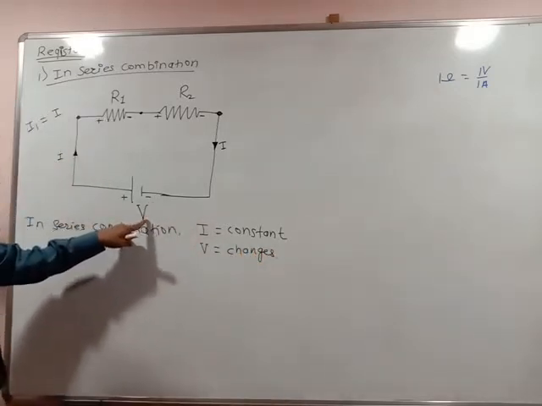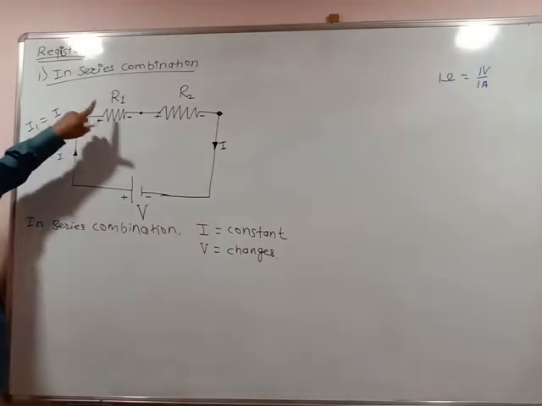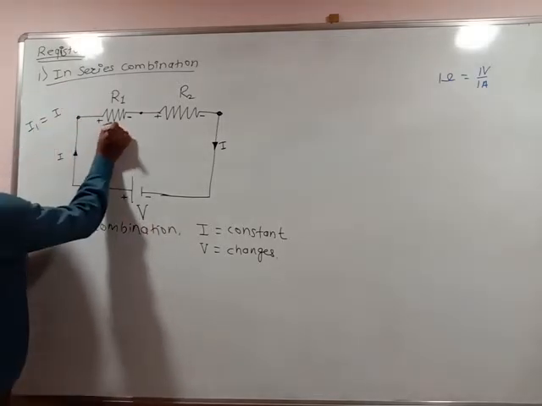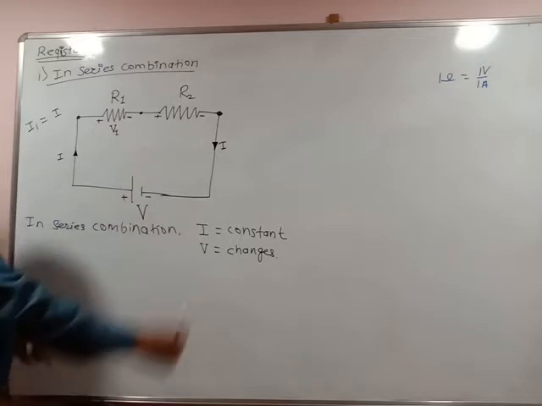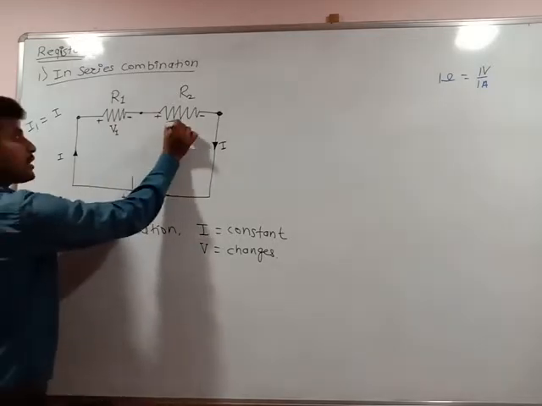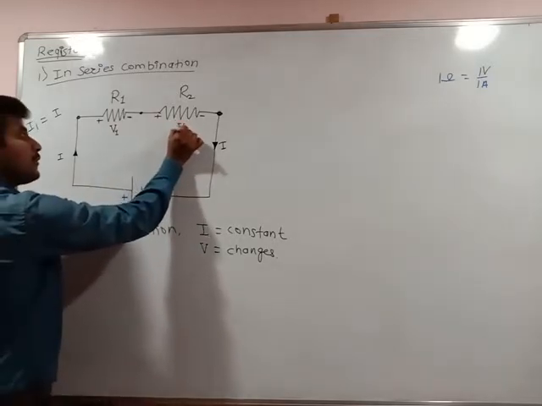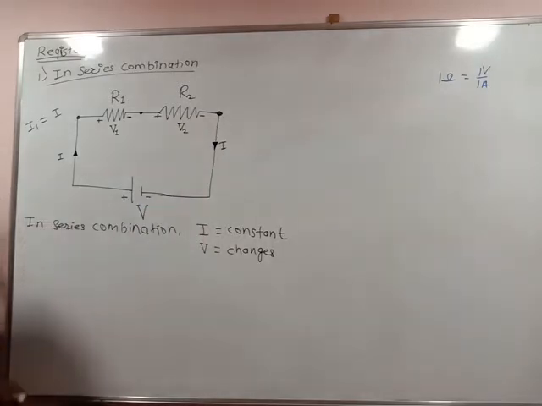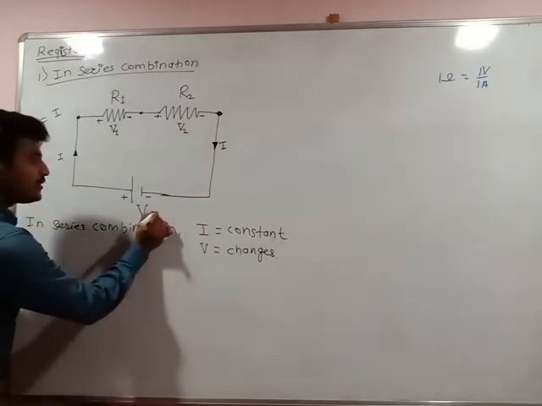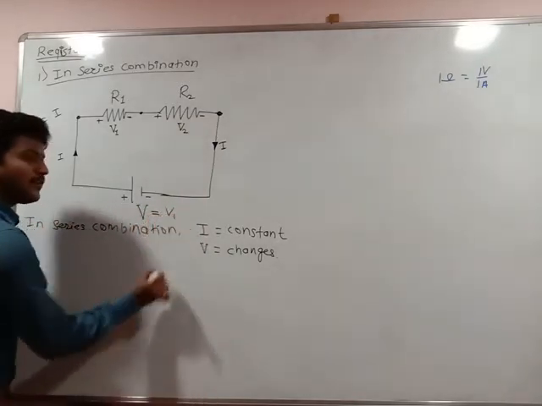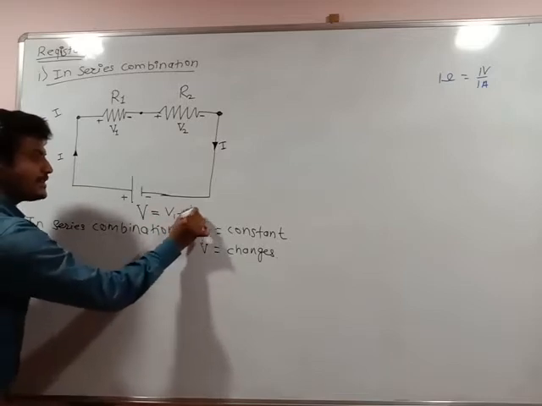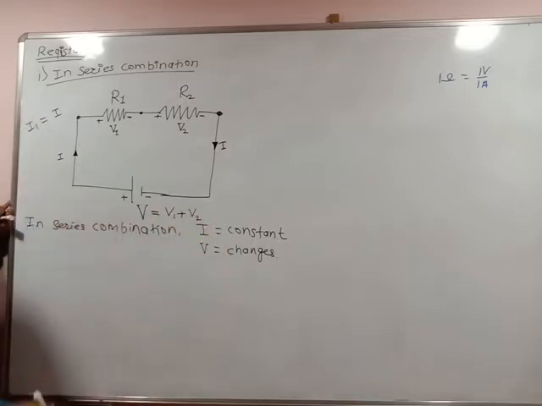Now voltage V is applied to the circuit. Voltage across R1 is said to be not V, it is said to be V1. Voltage across R2 is said to be V2. Okay, so what is this V? V is equal to voltage across resistance R1 plus voltage across resistance R2.